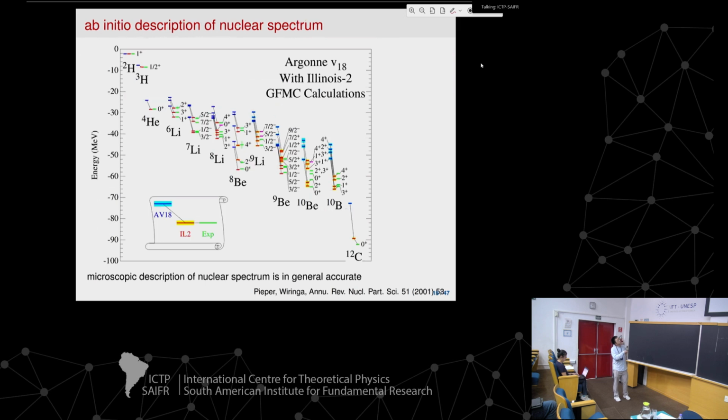Let's show an example. This is a calculation using an ab initio method with phenomenological potentials to calculate the nuclear spectra for a wide range of light nuclei, and it shows agreement with the experiments.